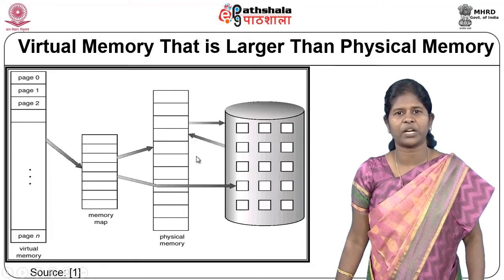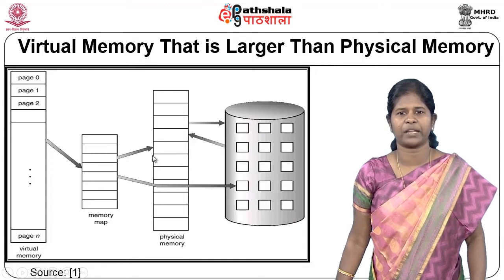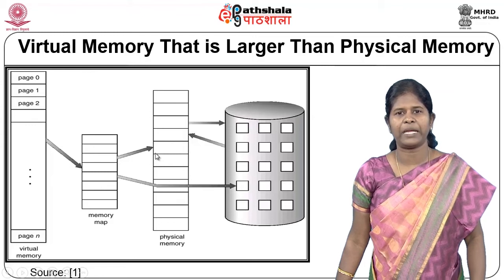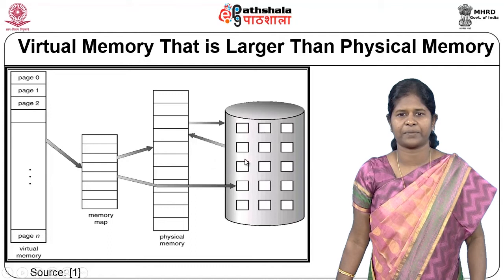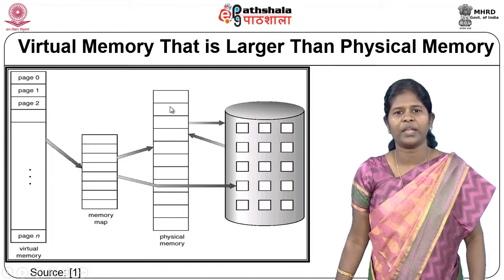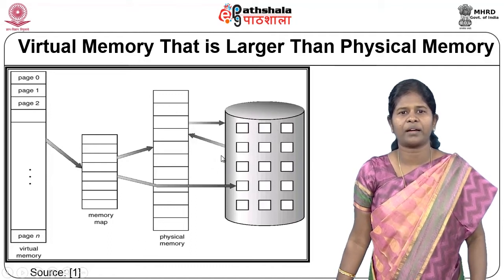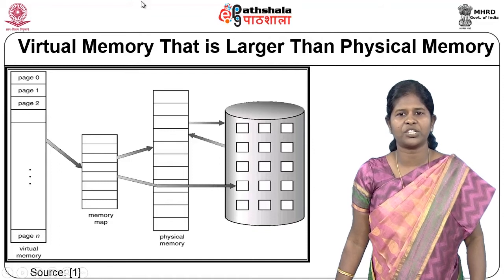Only the pages which are currently needed will be put in the physical memory. The remaining pages can be placed in the backing store, or the disk. So now the virtual memory can be much larger than the actual physical memory available.